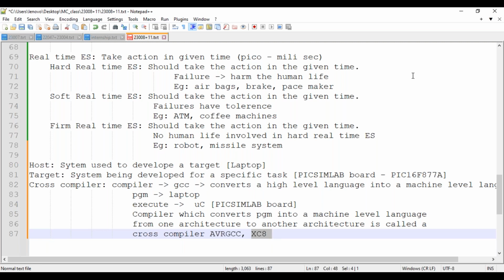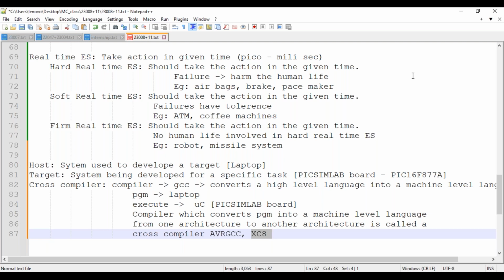Target is nothing but the system which is being developed for a specific task. And cross compilers are nothing but the compilers which convert a high level language to a machine level language from one architecture to another architecture. I hope you have no doubts with this.